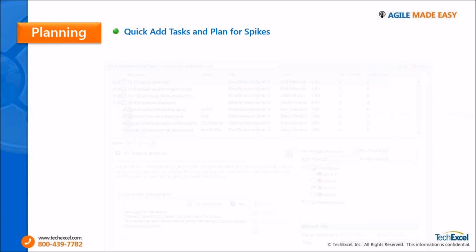While breaking down the user stories into different tasks, we realized that for every user story we were replicating the same set of tasks. So we implemented a specific feature in our tool which we call quick add task.